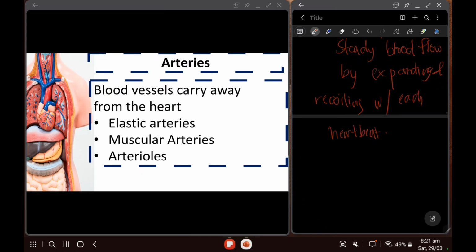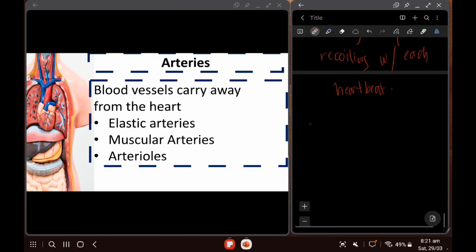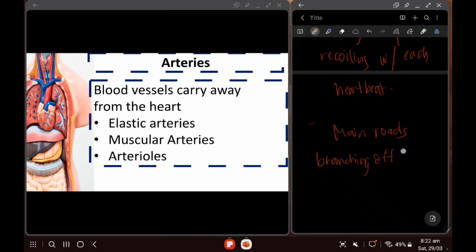While si muscular arteries is para siyang, isipin nyo siya yung main roads branching off from highway.